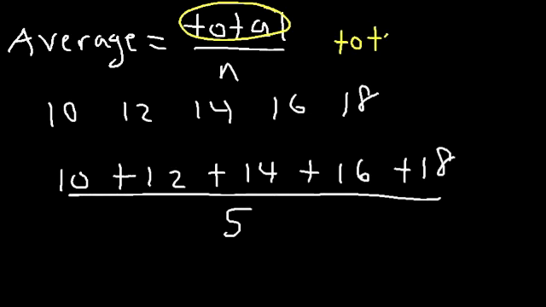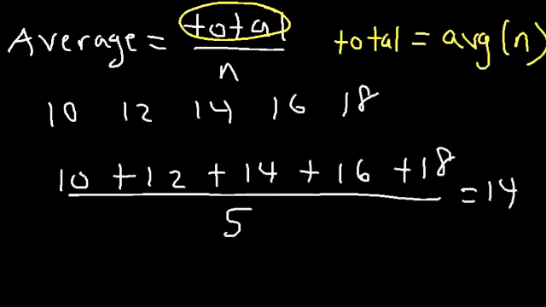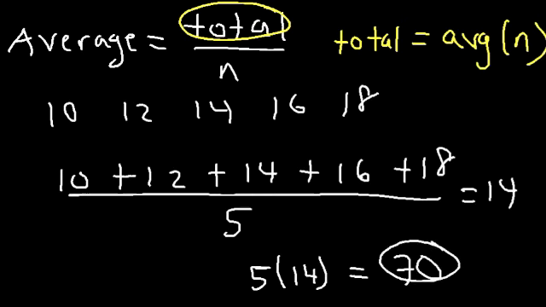The total value is equal to the average times n. Let's calculate the average. 10 plus 12 plus 14 plus 16 plus 18 divided by 5 is 14. So the average is 14. Also, 5 times 14 is 70. And 70 represents the sum of the 5 numbers.